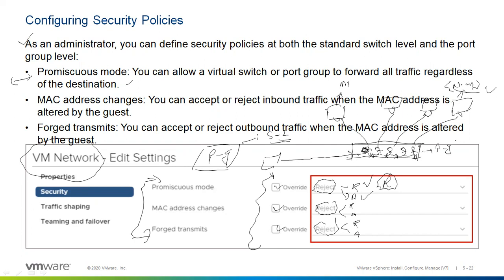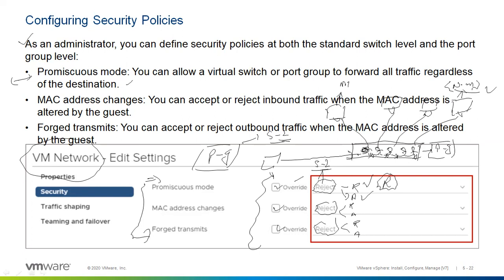Okay, whatever port groups come under the policy, the default setting is reject. In the policy there are two options, reject or accept. Now you are seeing reject here. It means that you are getting this setting from the switch level.